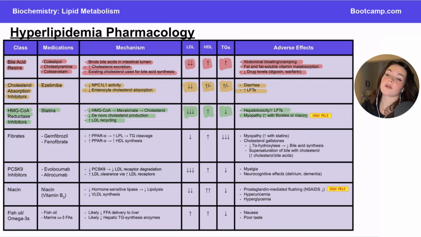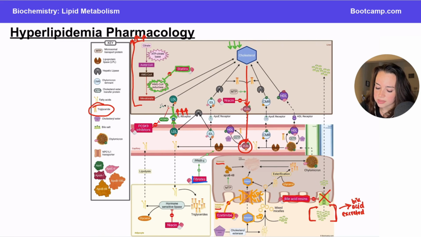Now let's talk about one of our major weapons against triglycerides, which are going to be fibrates. And fibrates include drugs like gemfibrozil and fenofibrate. And the way that fibrates are going to work is they are going to upregulate this PPAR-alpha transcription factor that specifically promotes the expression of LPL, lipoprotein lipase, on the endothelium of the adipocyte capillary.